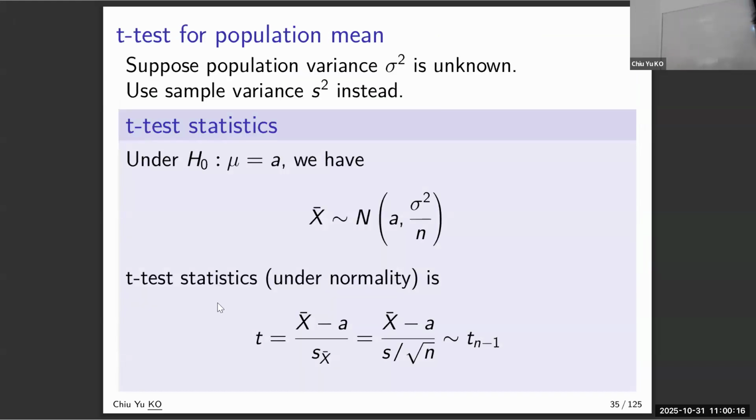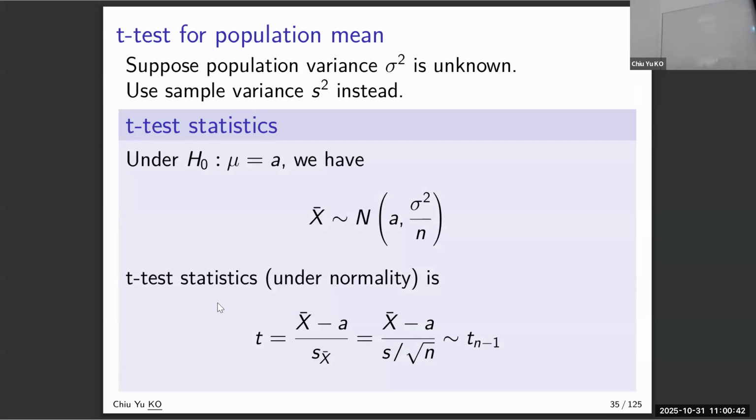So the t-test is something, as you would expect, for when I have no idea about sigma, then use t. T will help us to do the job. Everything will be the same. The only two things are: one is use S instead of sigma.